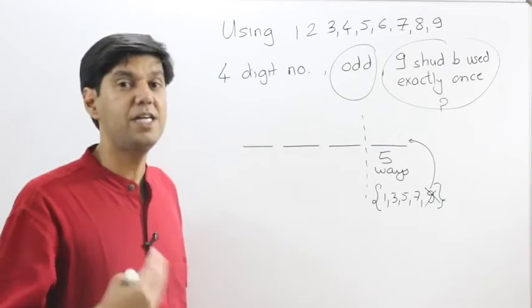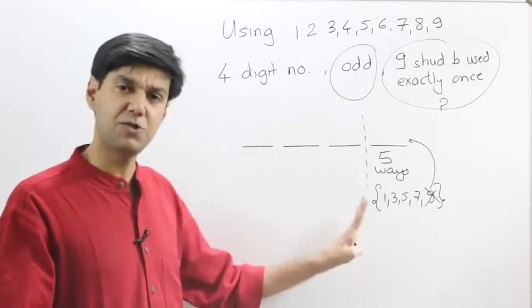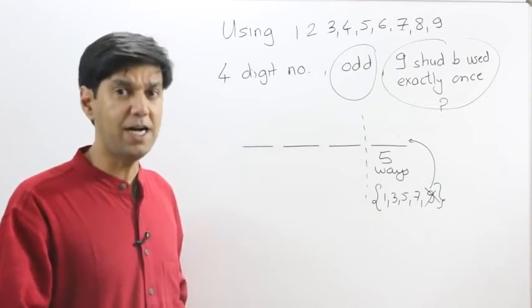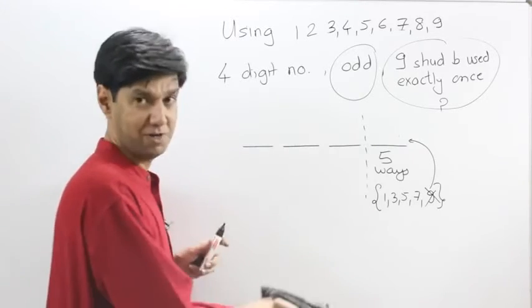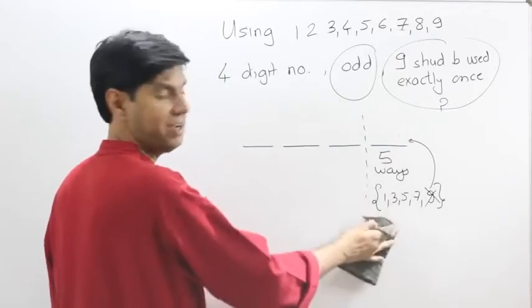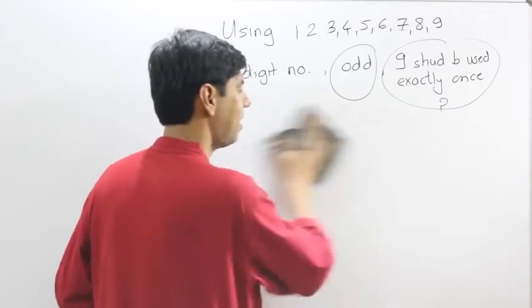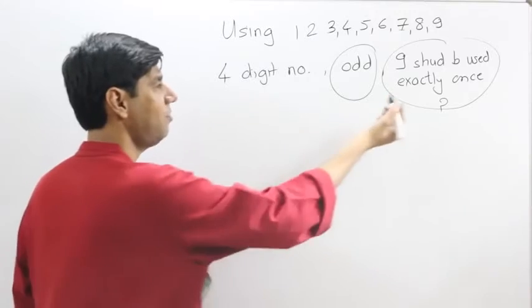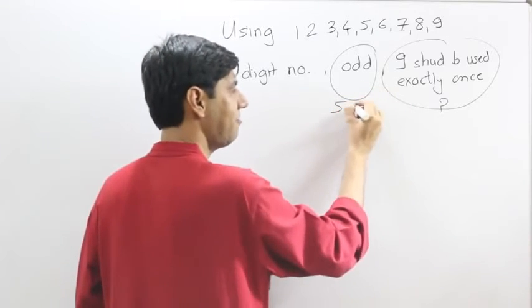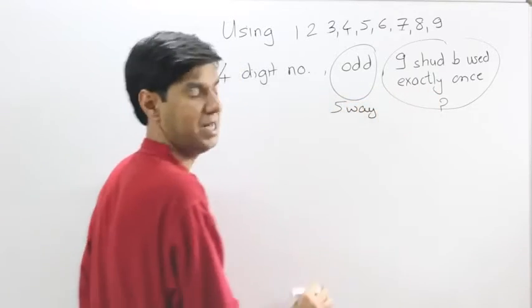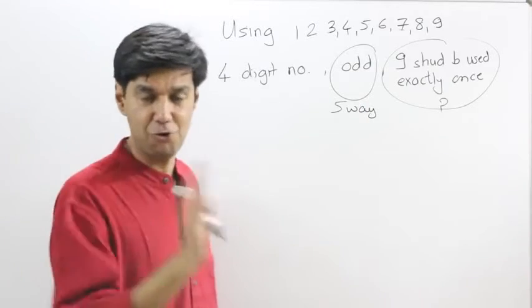So to avoid errors, can I handle it this way also? Yes. But to avoid errors and to do less taxing work, there are 5 ways in which the unit digit can be filled in, but a much easier case could be: where can the 9 come in? Can the 9 come in any of the 4 positions?